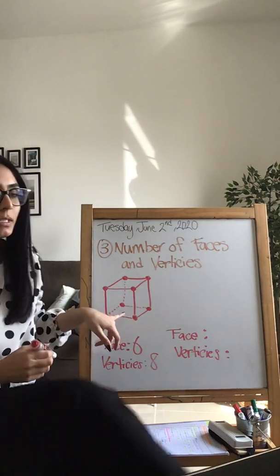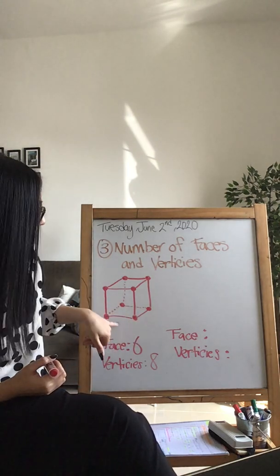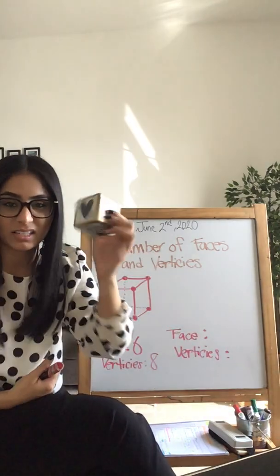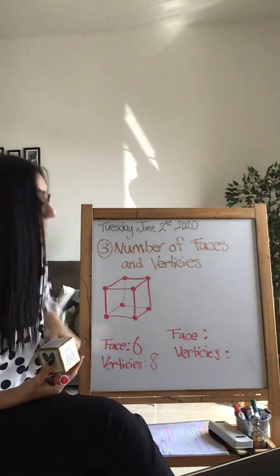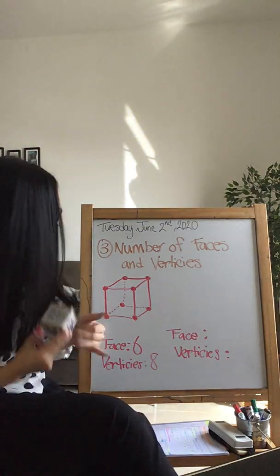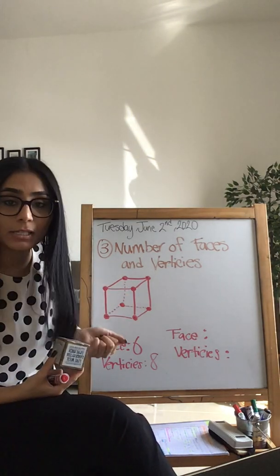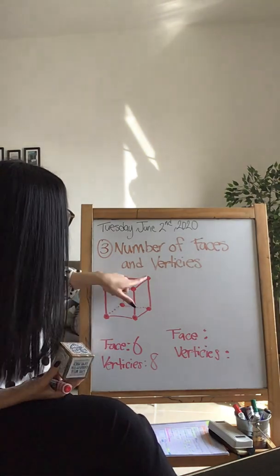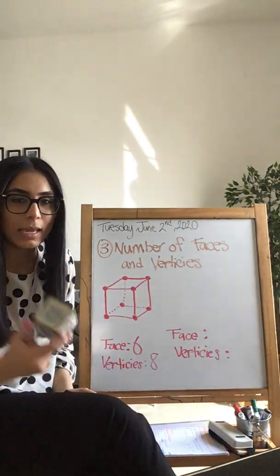Okay? So this is easier to see the corners on my board, but sometimes to see the faces, it's nice to have something in front of you. So 6 faces, right? 6 times I can feel with my palm. And then vertices are any places where lines meet, so I have 8 corners, okay?